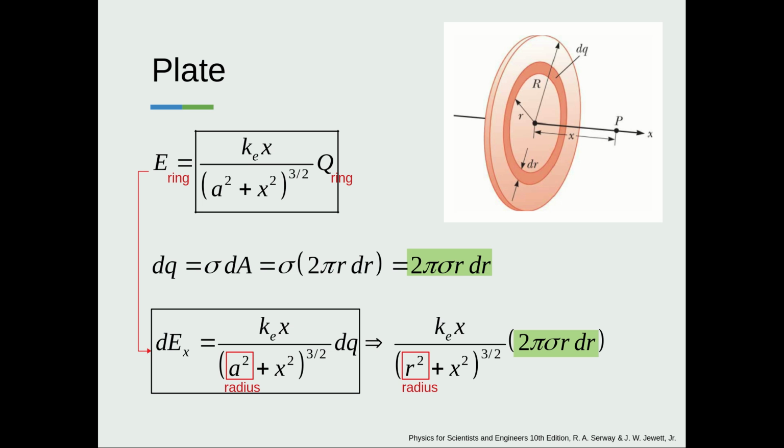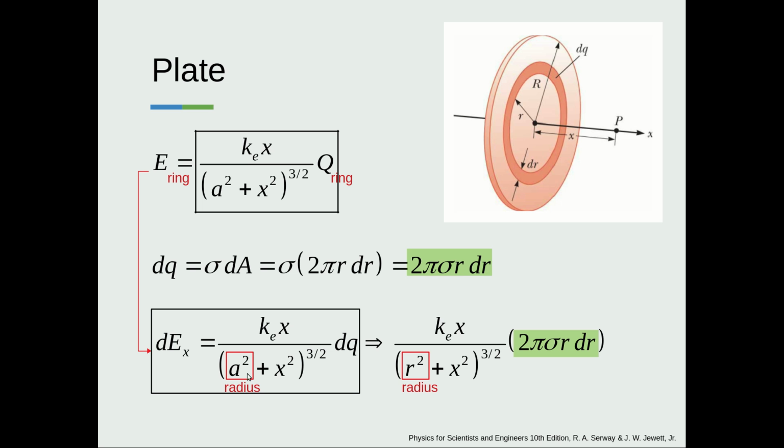Okay. So this is how you treat the distribution of your charge. Then we need to modify our equations a little bit. Now the electric field for one ring turns into a little portion of the electric field.